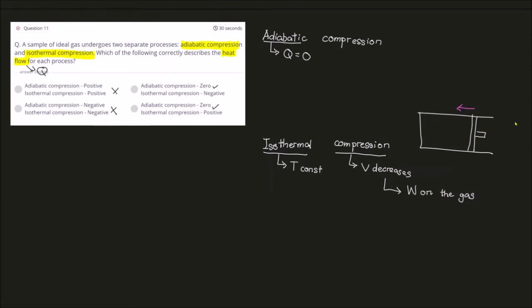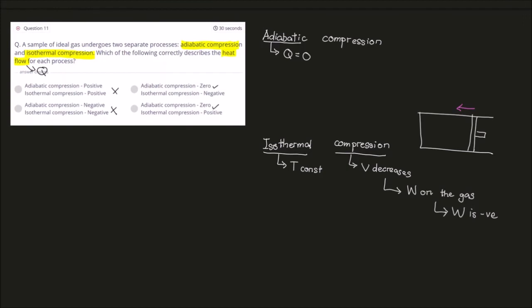That's why it's work done on the gas. The gas received the work because it's pushed by the surroundings. So it's work done on the gas, so you know that your work done is negative. That's just sign convention.